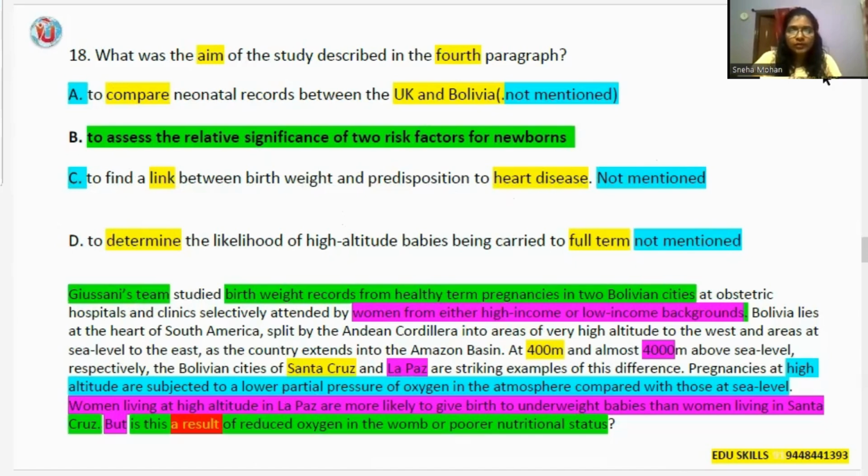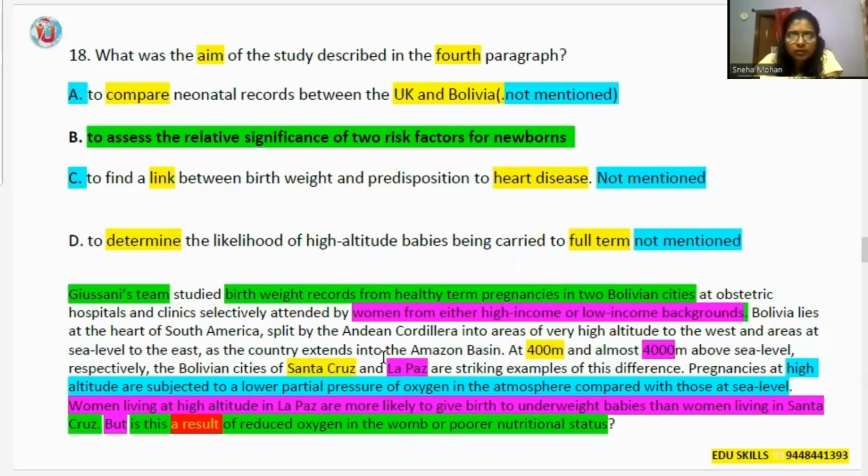Let us read with the question stem. The aim of the study was to determine the likelihood of high altitude babies being carried to full term. So here already the birth has happened. So it is not about whether they have been carried to full term, because if you see the topic sentence, it is told that Gisani's team studied birth weight records. So when is this birth weight calculated?